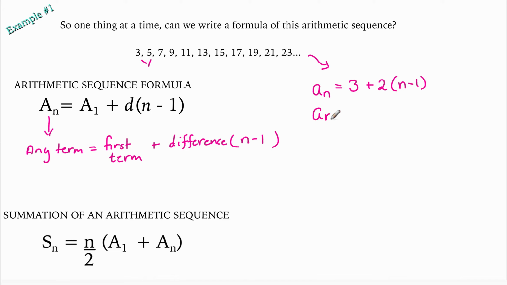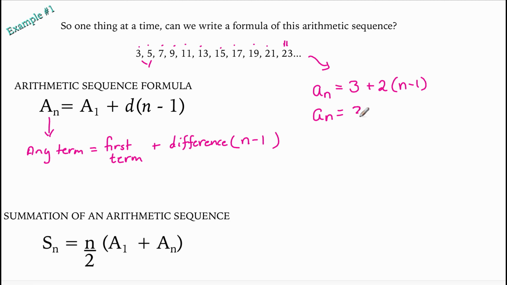If I clean that up, I will get 3 plus 2n minus 2. So a sub n is 3 minus 2, which is 1, so this is 2n plus 1.